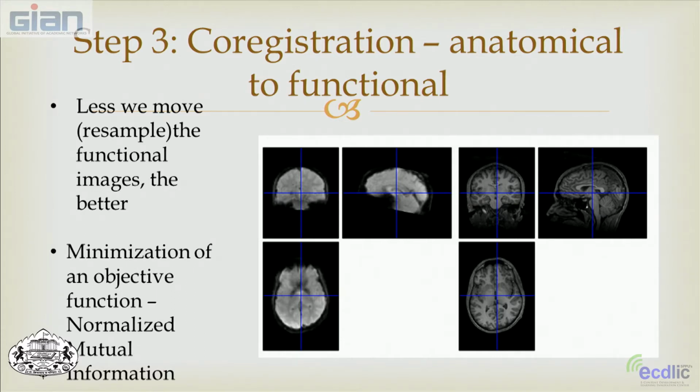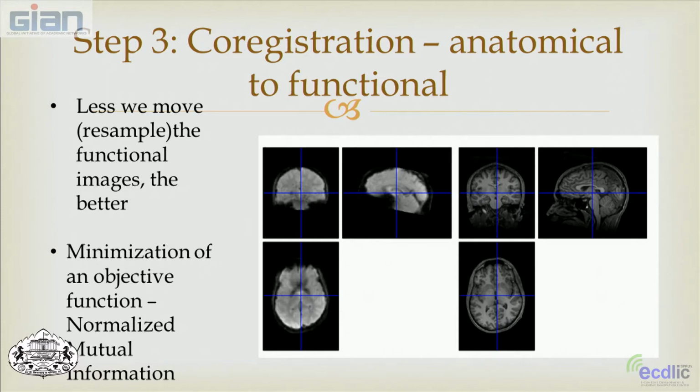The reason we line up the anatomical to the functional rather than the functional to the anatomical is because the less that we resample our functional images, the better quality we're going to maintain. If we start moving our functional images, which we've already motion corrected and so already resampled once, the more we resample, the more we're smoothing it out and degrading it. So we want to keep from moving it as much as possible.